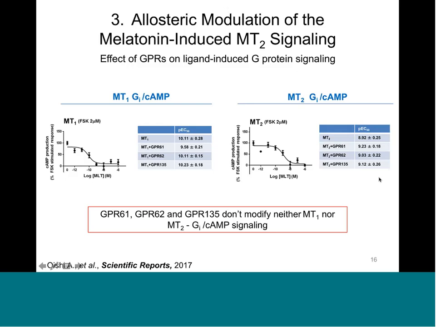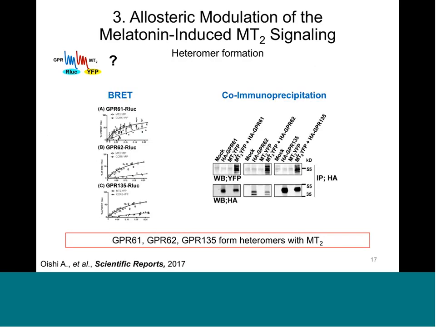One of the possible explanations of this allosteric behavior would be formation of heteromer between GPRs and MT2. We examined heteromer formation by BRET and co-immunoprecipitation. In BRET, co-expression of MT2 and GPRs made a nice saturation curve, but the negative control of CCR5 didn't make it.